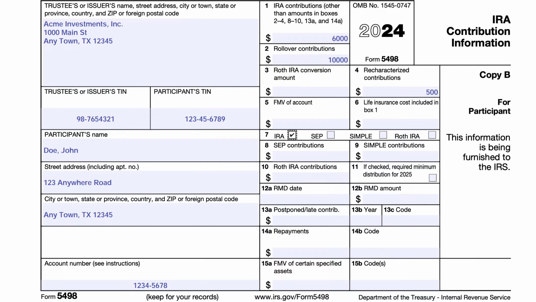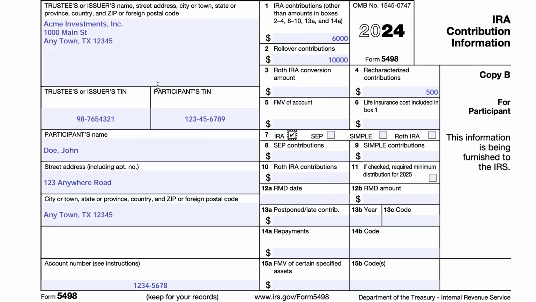So we'll go through this form specifically so that you can understand what is being reported to you. And at the end of the video, we'll talk about some tax planning opportunities that you may have with this tax form. So this is an informational tax return.